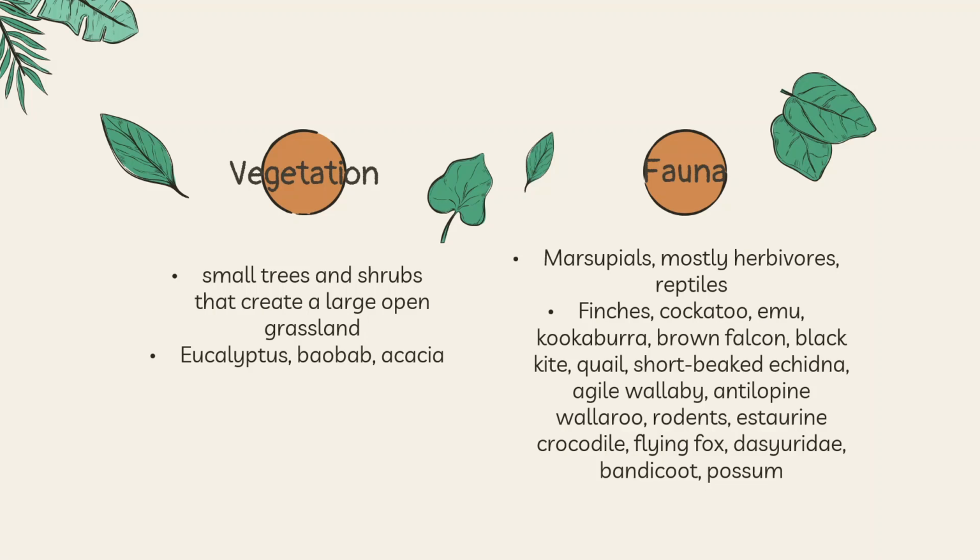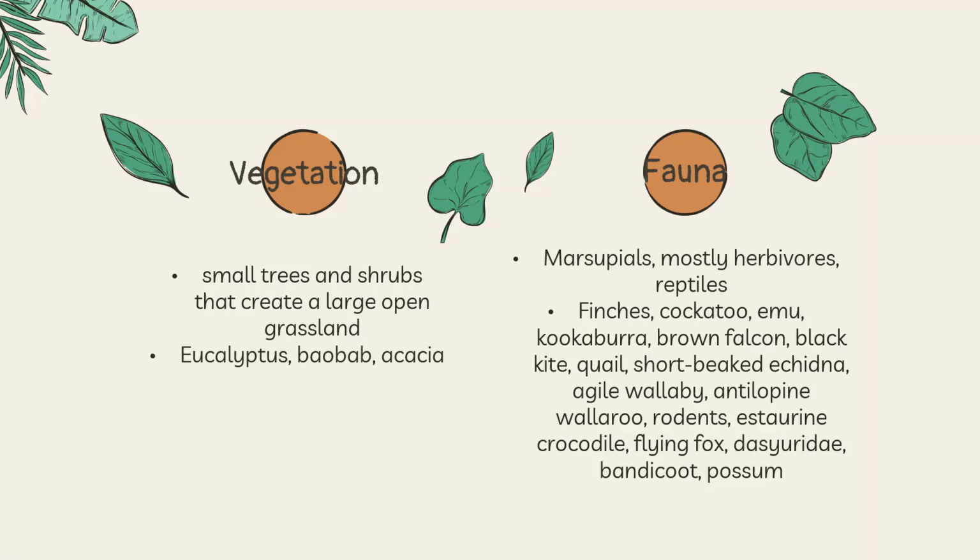For the fauna, we can say that marsupials dominate among the animals in this area. Marsupials are mammals whose young are born undeveloped. The premature marsupial baby spends most of its growing time attached to the mother's nipple in a pouch.